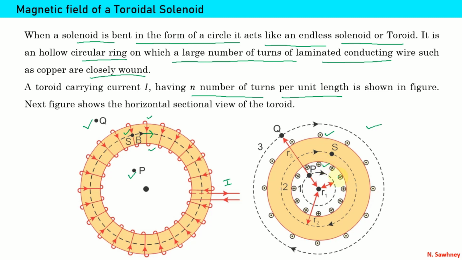The number of crosses here will be exactly equal to the number of dots here, because the same wire is pointing out and pointing in, and the representation of the current is by dots and by crosses.